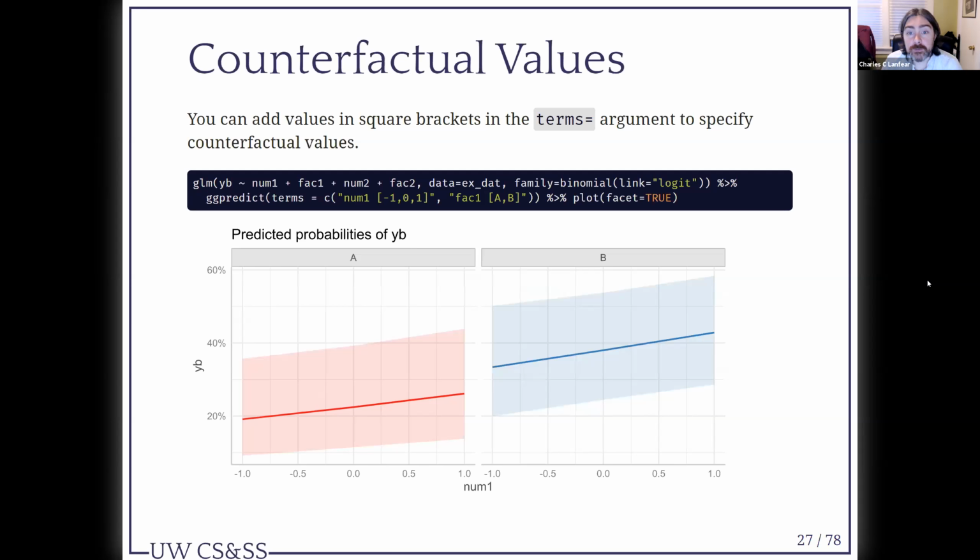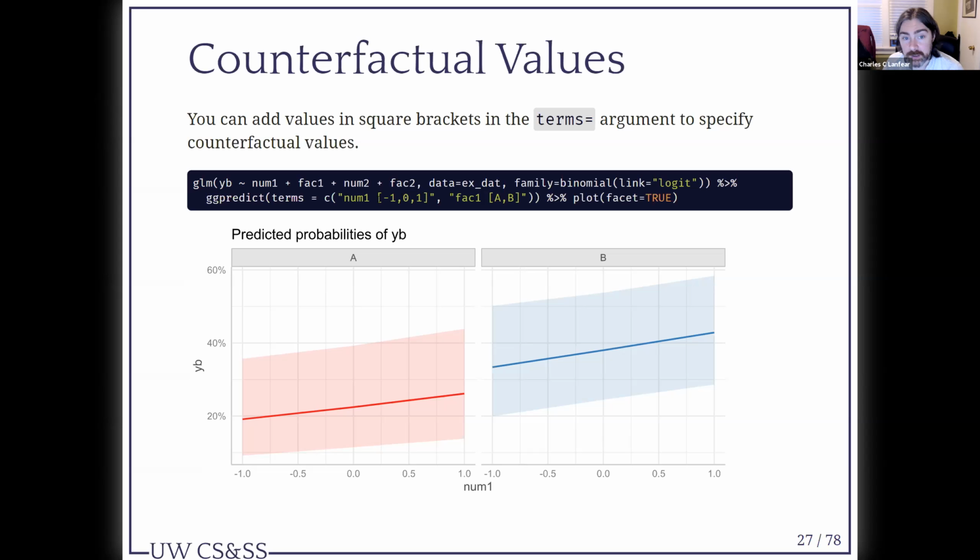Other things we can do with ggeffects are set actual values of things to see how these plots would look at set values. This is the same logit model I ran before, but now I say ggpredict terms equals my num1 variable, but I want it to range from -1 to 0 to +1.